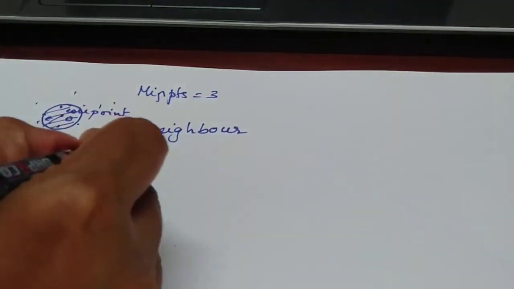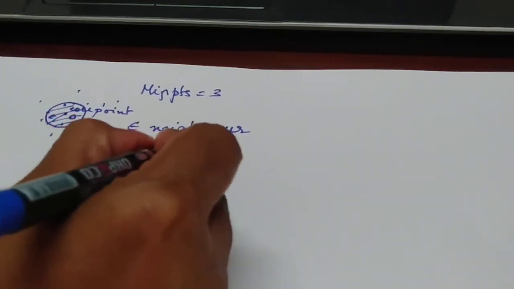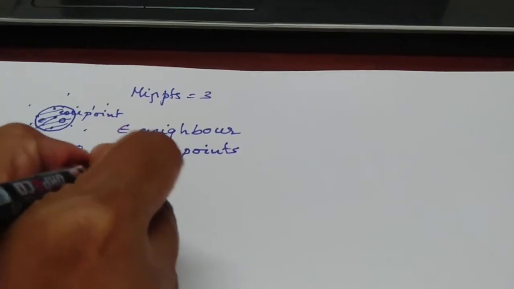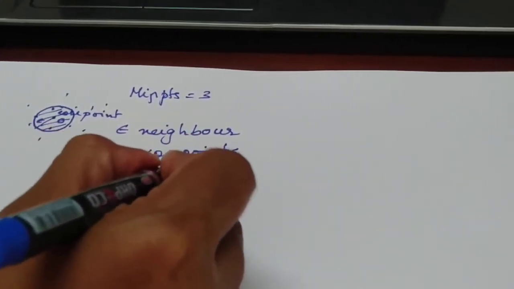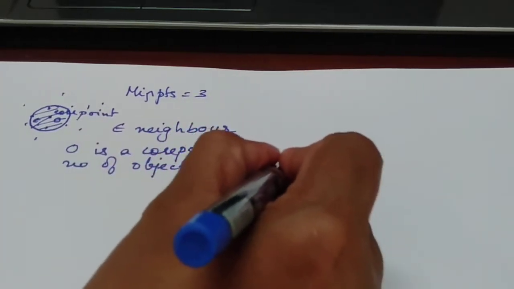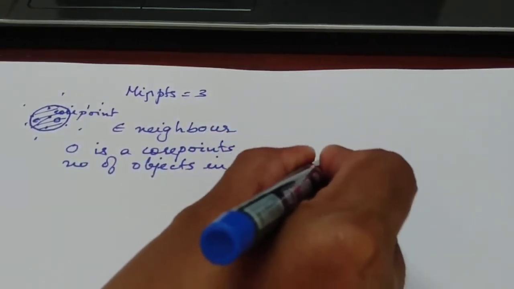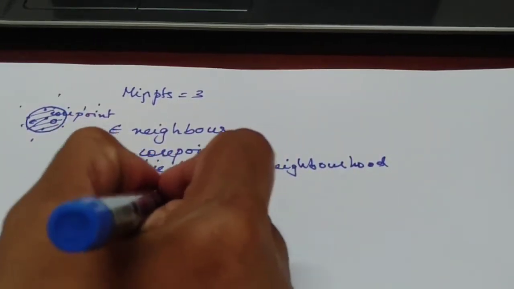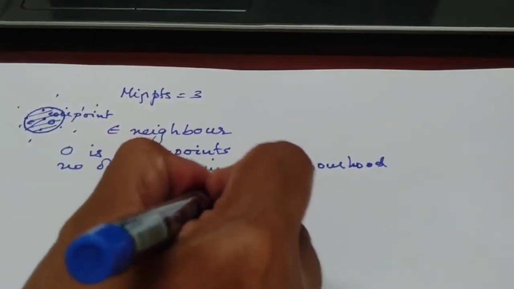And O is a core point if the number of objects in the epsilon neighborhood is greater than or equal to the number of min points.